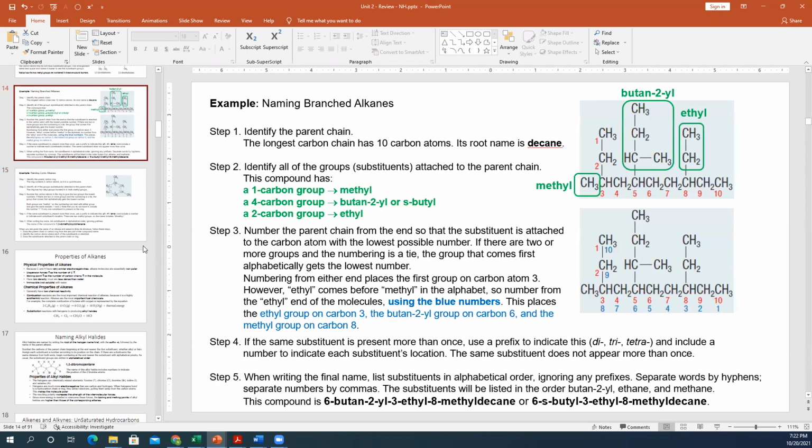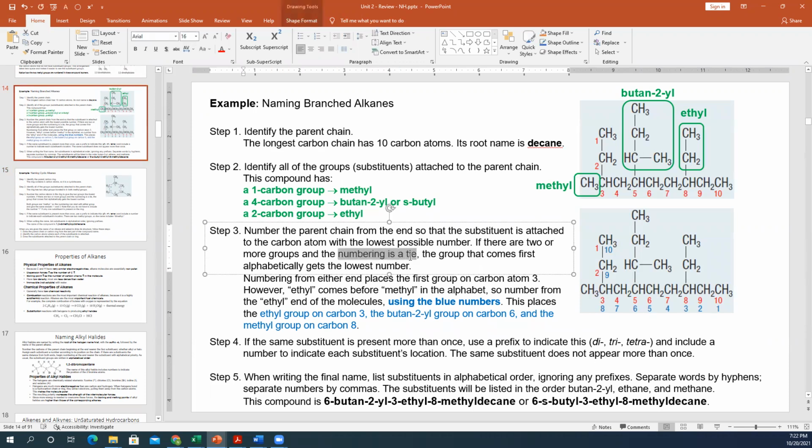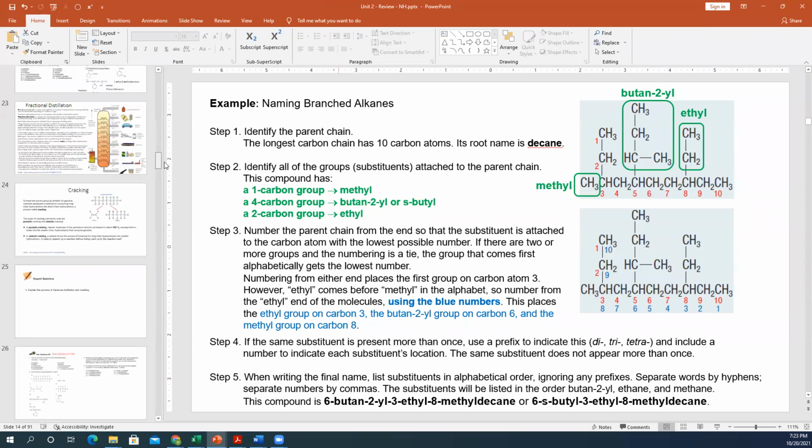The methyl. Okay, so however, because the numbering of the parent changed so that the substituent is attached to the carbon atom with the lowest possible number. And if there's 2 or more groups and numbering is a tie, so that's the case in our example, the group that comes first alphabetically gets the lowest number here.